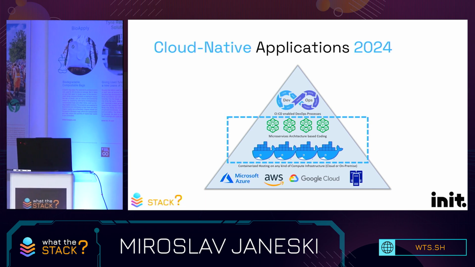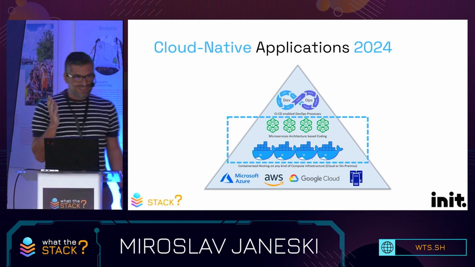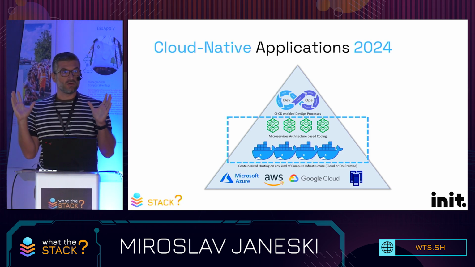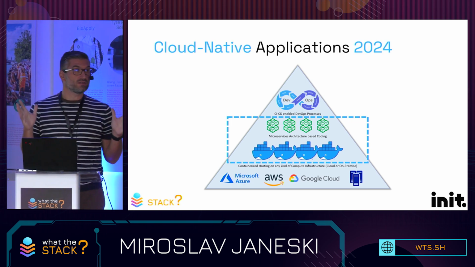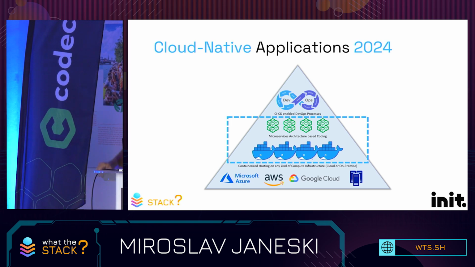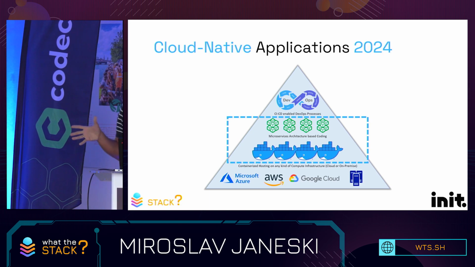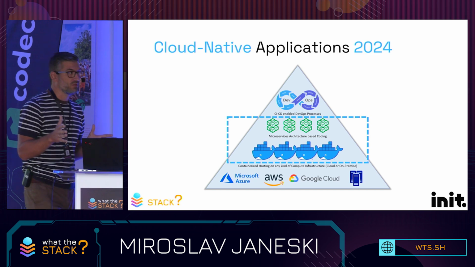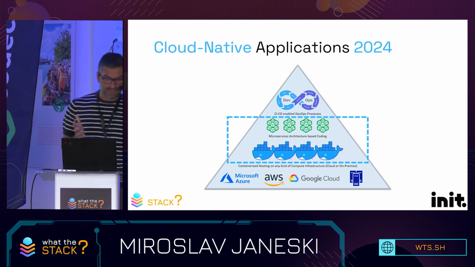Another very important thing is that your cloud native application has to be portable. You have to be able to run it on whatever cloud provider you choose, including private cloud, which means on-premise. So in my opinion, the true definition for cloud native is that your solution is really portable. You can run it wherever you like.